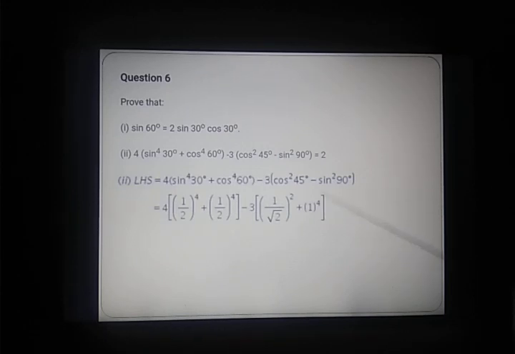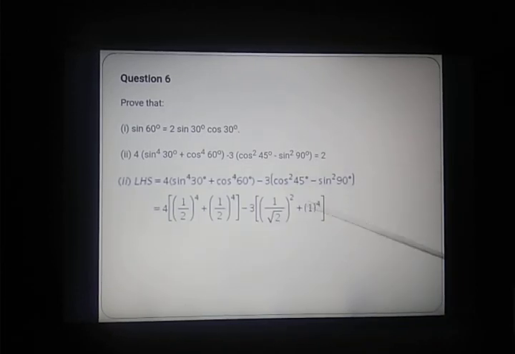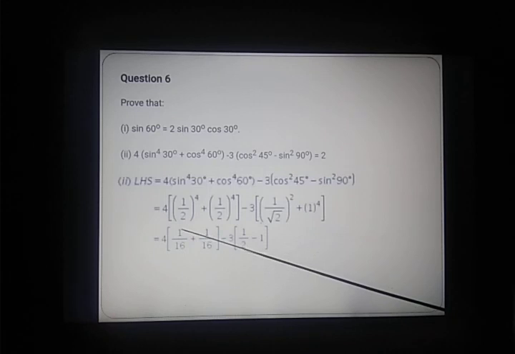I'm sorry, there's a mistake here. You have to write square. When you put power 4, then 1 to the power 4 is 1, and 2 to the power 4 is 2 into 2 into 2 into 2, that is 16. Then you'll get 1 by 16 here, 1 by 16 here, this is 1, and root 2 square is 2.